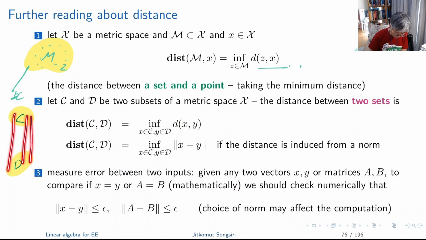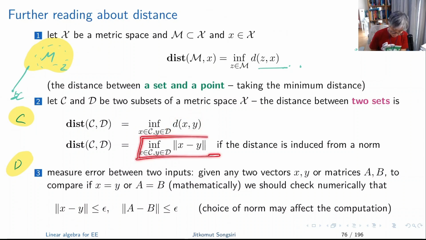This is not this pair, this is not this pair, but in this example it looks as if it's this pair of x and y that gives the minimum distance. That defines the distance between two sets. When you replace the distance function by the concept of norm, that can be seen in applications as well.